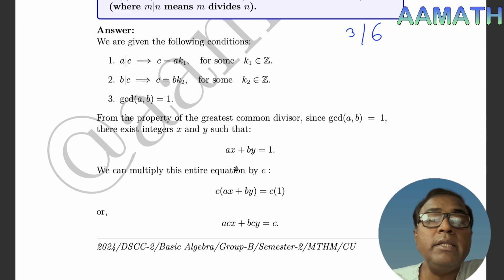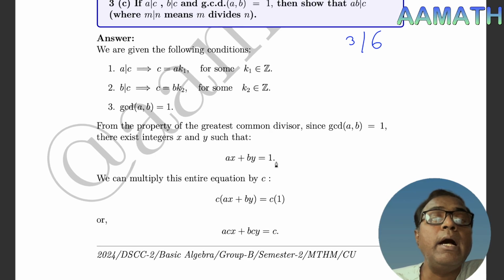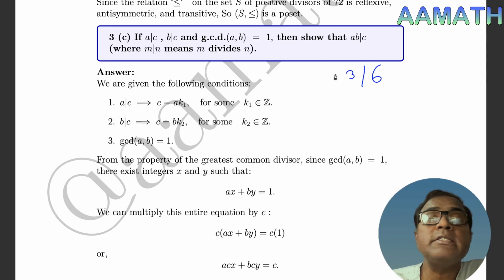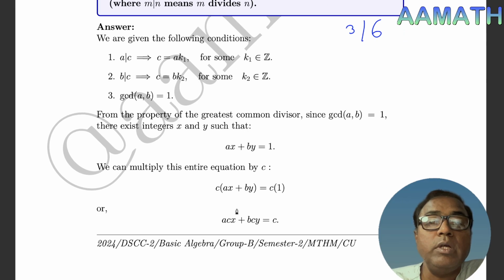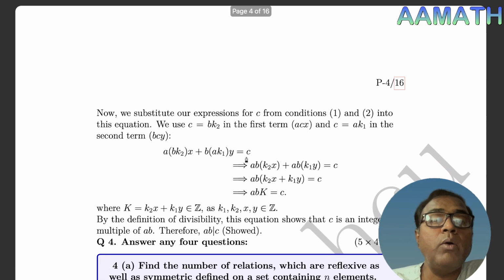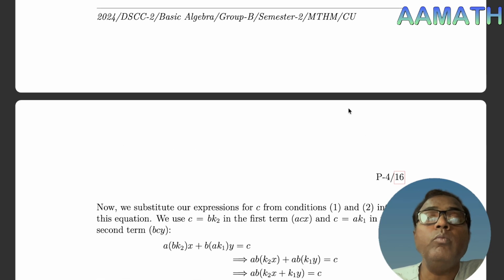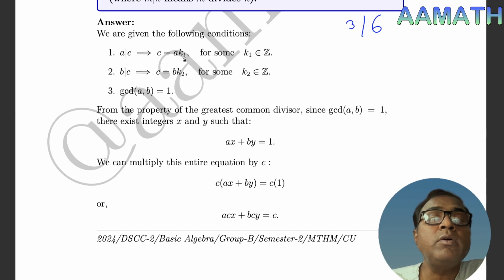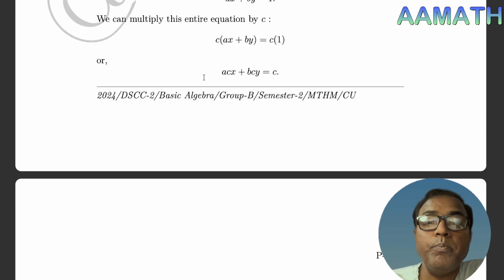We can multiply both sides by C, this C being an integer. So we get acx plus bcy equal to c. Now we substitute our expressions for c from conditions 1 and 2, c equal to a k1 and c equal to b k2.